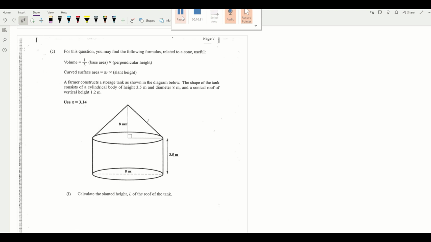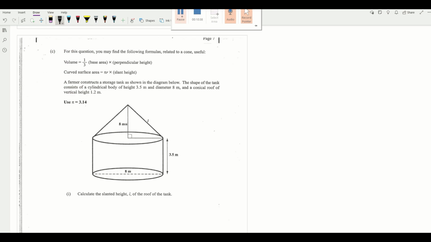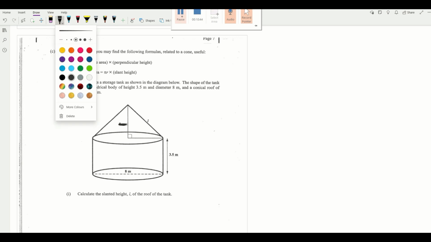So they told you that your vertical height is 1.2. So let's just put that in.